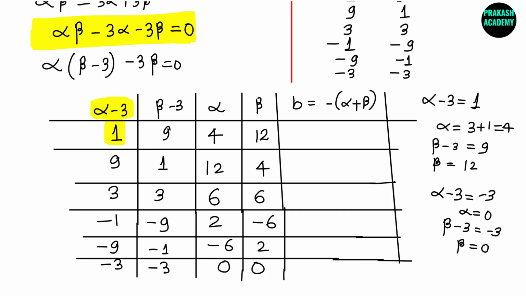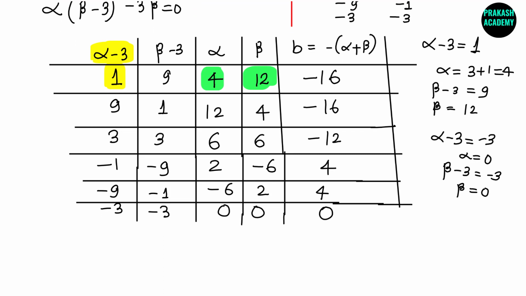We will have alpha plus beta: alpha is 4, beta is 12, so in this case alpha plus beta is 16. Then we have to put a minus sign, so this is minus 16. Again this is 12, minus 12, and this is minus 4, so this becomes 4, and this is again minus 4, this becomes 4, and this is simply 0.